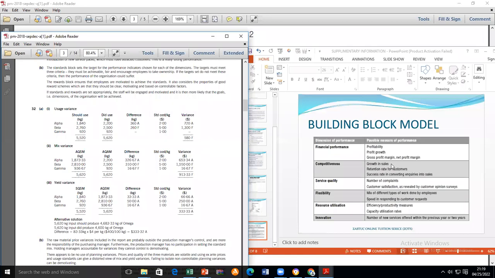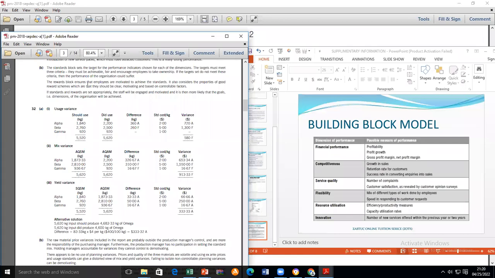So here, for gross profit margin, you can set a standard. Net profit margin, you set a standard. Competitiveness, growth in sales, we can put a standard. The target must meet 3 criteria. They must be achievable, fair, and encourage employees to take ownership. If the targets do not meet these criteria, then the performance of the organization could suffer.